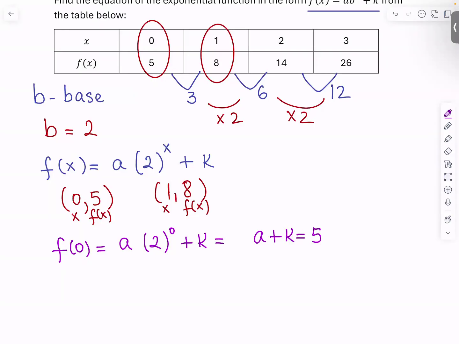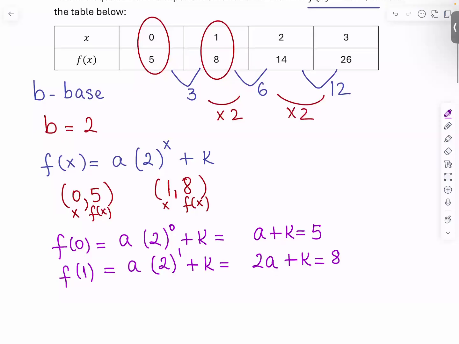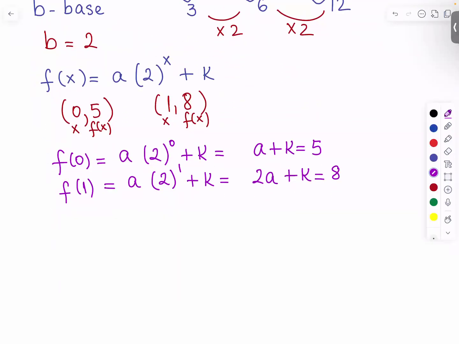Now the second one, f of 1, a times 2 to the power of 1 this time, plus k, will give us 2a plus k, and that one is equal to 8. Now, this is the system that we're gonna work with.